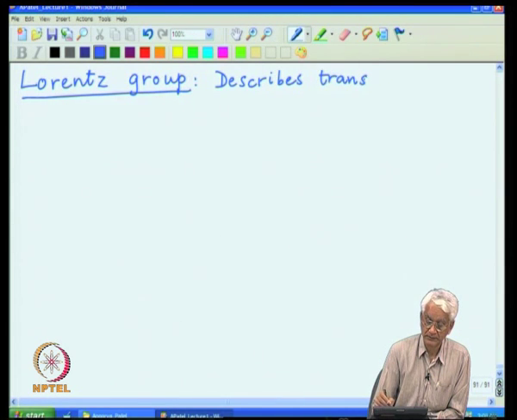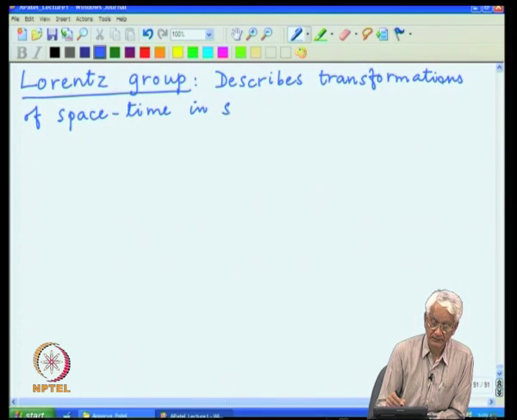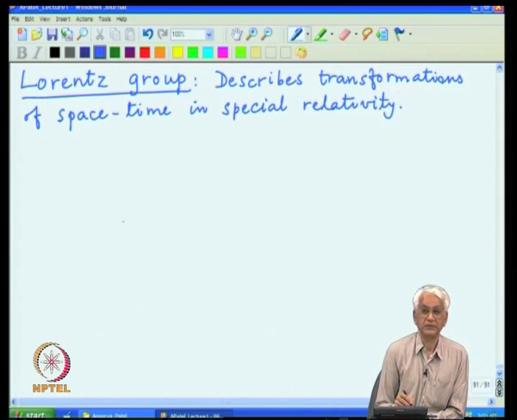transformations of space and time in special relativity.